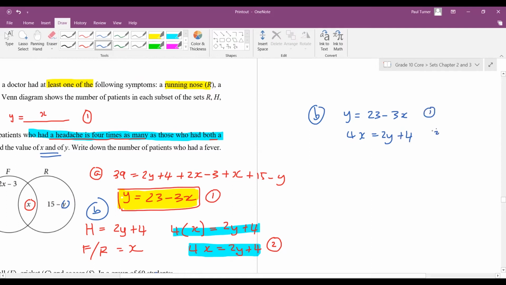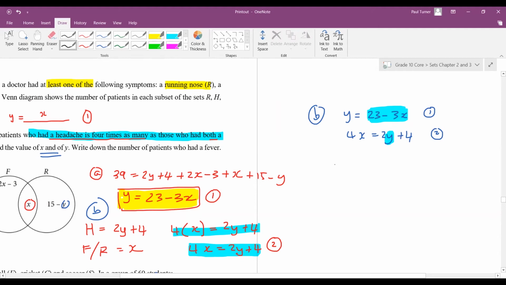And remember back to grade 9, how we do simultaneous equations. Notice that y equals this. I'm thinking I can put this value into here, can't I? And replace it with this number when we did simultaneous last year. This is the substitution method.